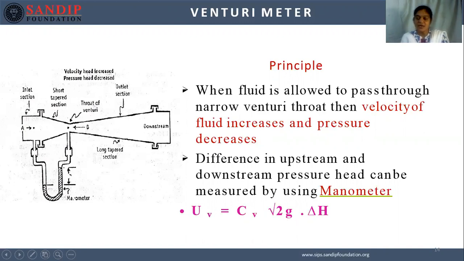So let us see here the construction. The Venturimeter consists of two tapered sections as shown in the diagram, which is inserted in a pipeline. Normally the Venturimeter is placed in between a long straight pipe.